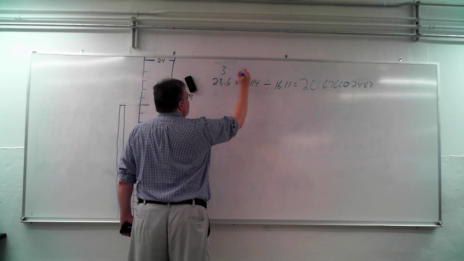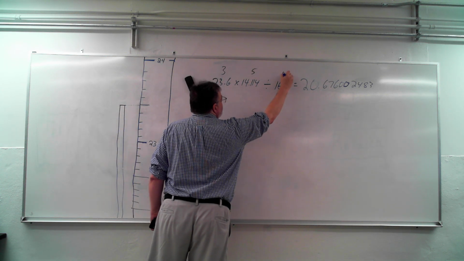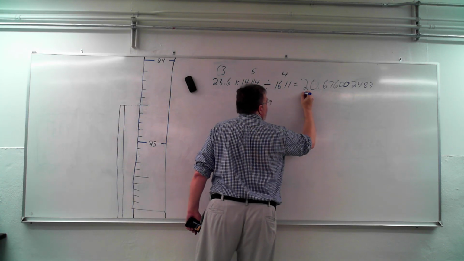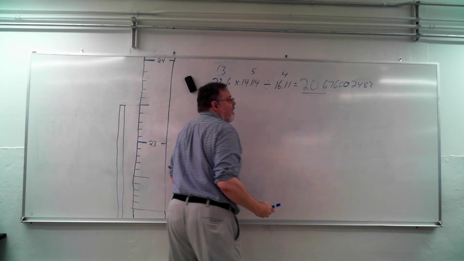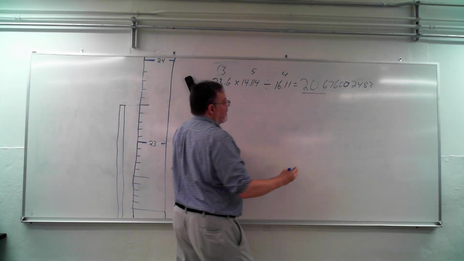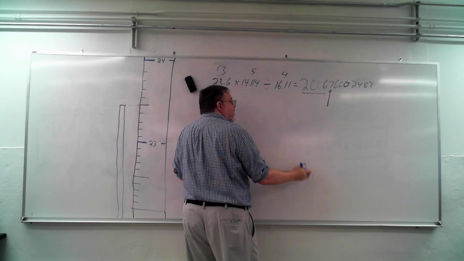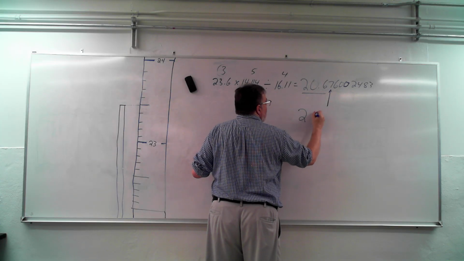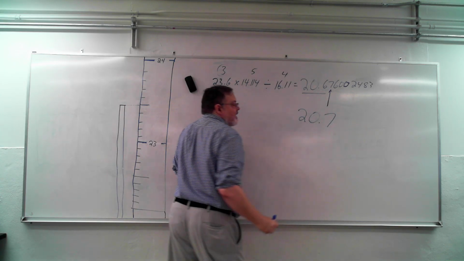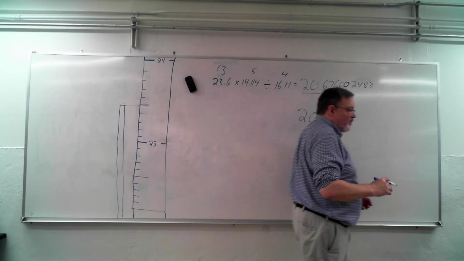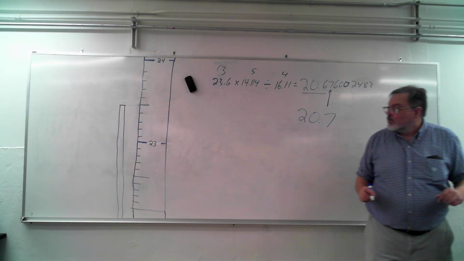This was 3 significant figures, this was 5, and this was 4. The lowest number was a 3, so underline the first 3. And then we're going to look one more beyond there, the 7, to decide what to do with the 6. The 7 rounds the 6 up. That's the answer.